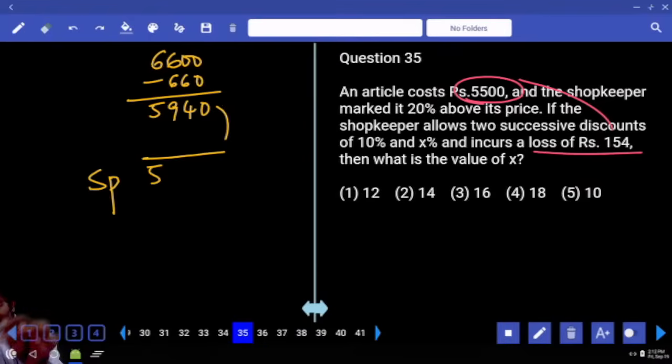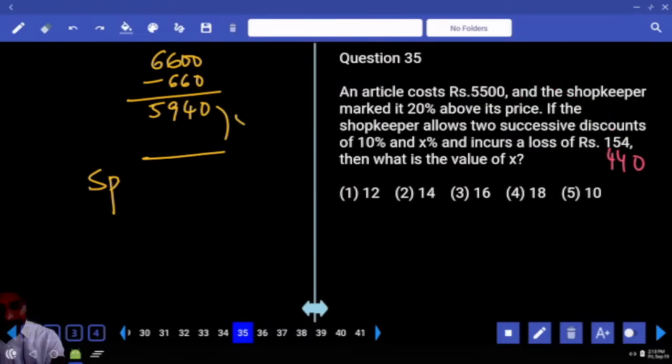The other way is, you know that you are going to write a number here which is less than 5500, and how much less? 154. And this number is more than 5500. How much more? 440. Then when you add both the numbers, 594, that itself is the discount offered. You got the point? So 594 is how much percent of 5940? Fifth option, final answer. Got it?